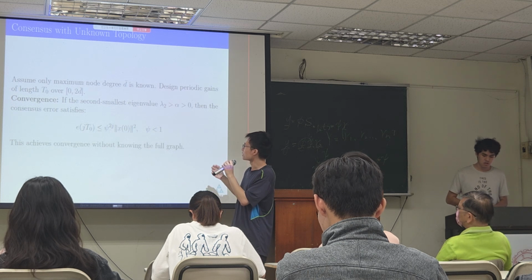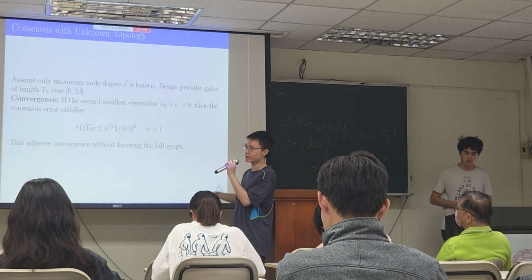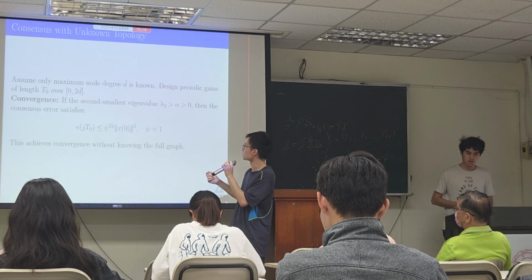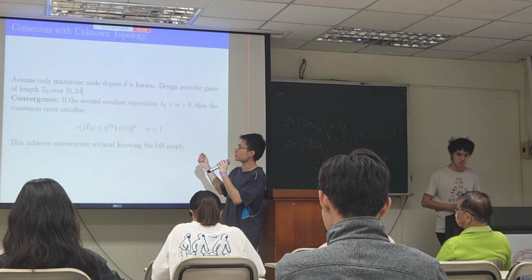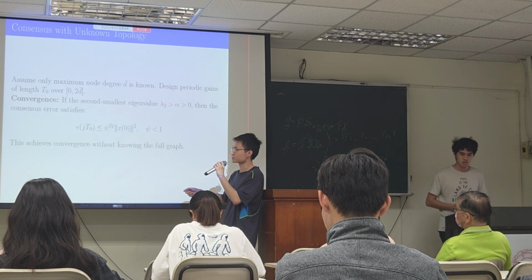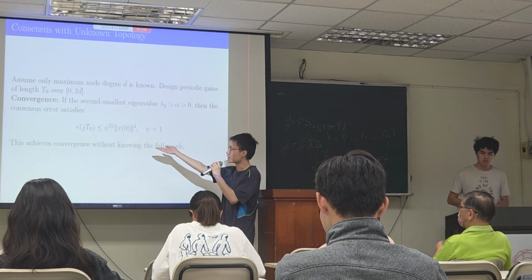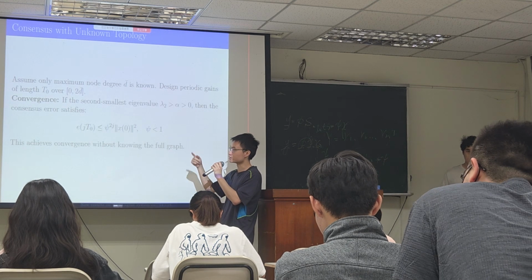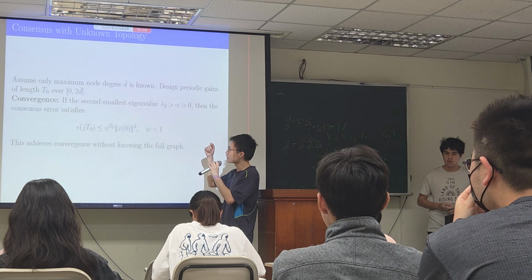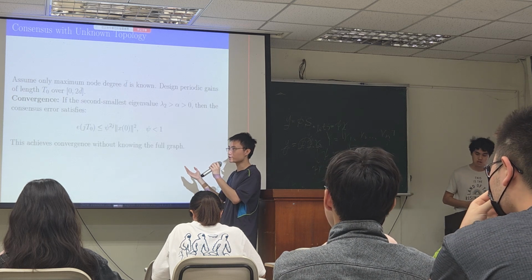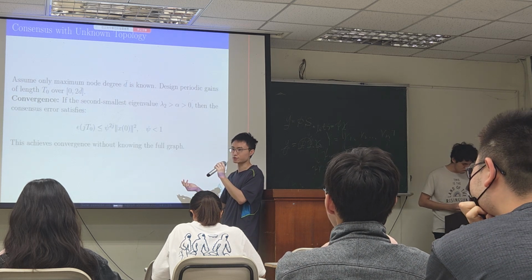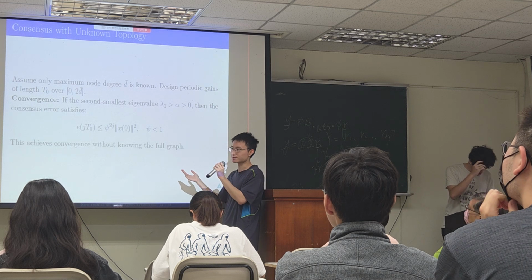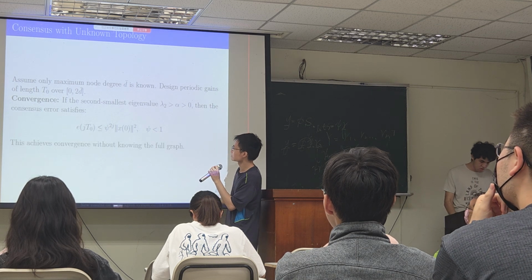And let's assume lambda 2 is bigger than the value of the adjacency matrix and is bigger than 0. And the consensus error may satisfy as below. This is actually similar to the previous case because we don't have frequencies that are smaller than 0. So this is not a realistic case.